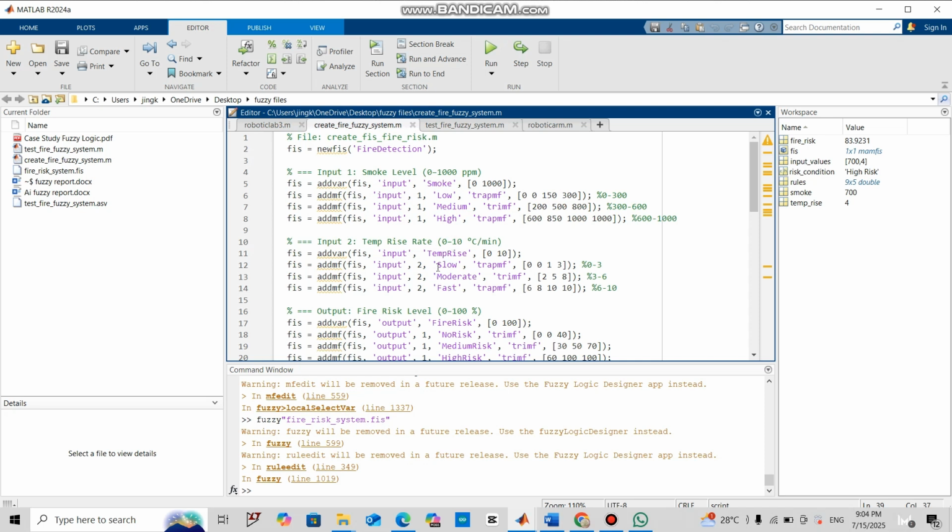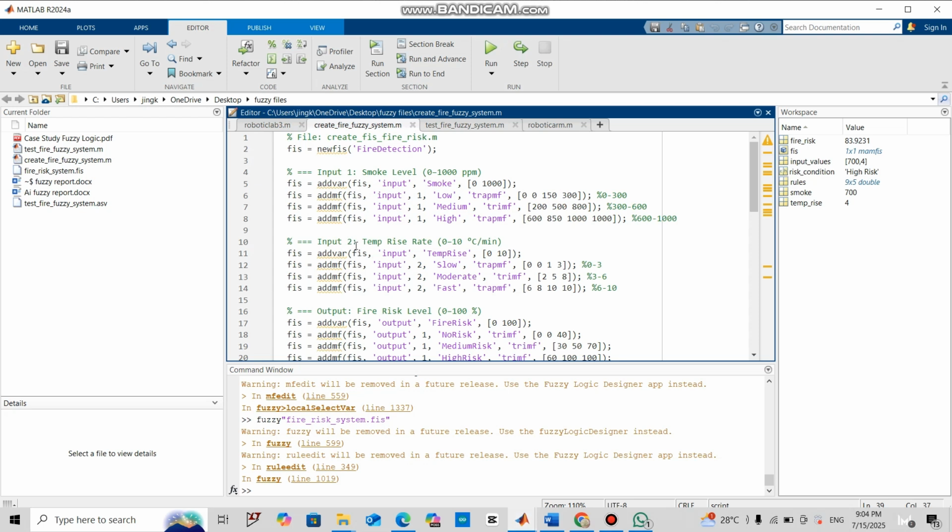For input 1, smoke level, I set it as low, medium, and high. The low range is between 0 and 300, the medium is 300 until 600, and the high range is 600 until 1000.